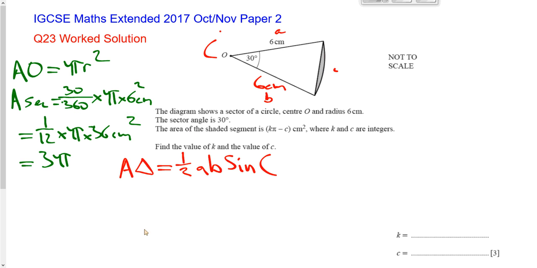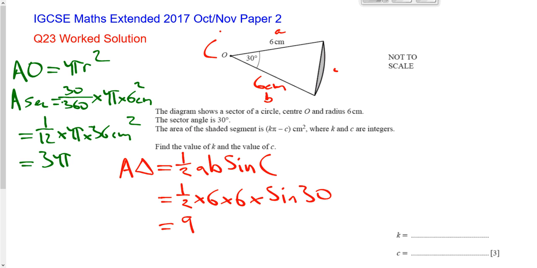My area of the triangle will be half multiplied by 6 multiplied by 6 multiplied by sine 30. Again, you have a calculator, so half of 6 is 3, 3 times 6 is 18, and the sine of 30 is a half. So this is equal to 9.